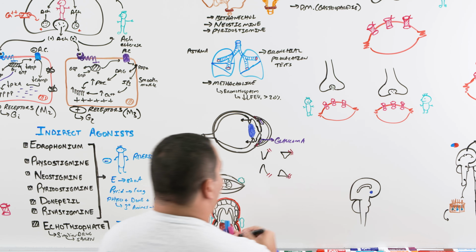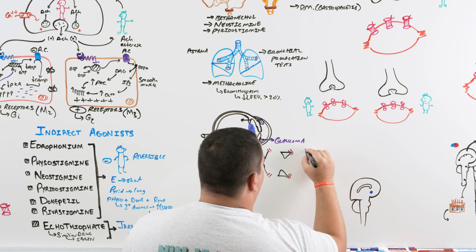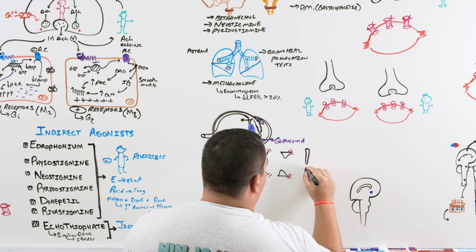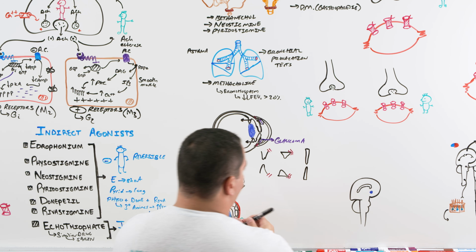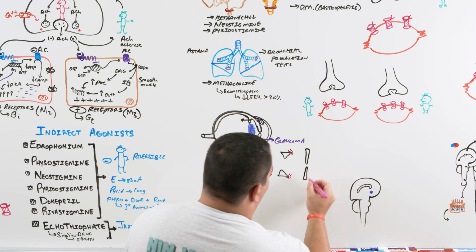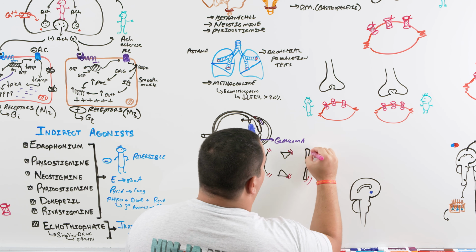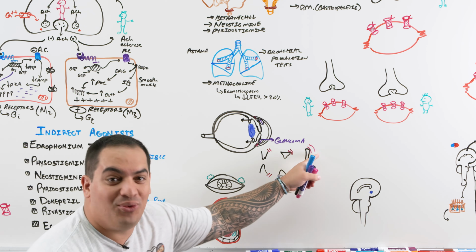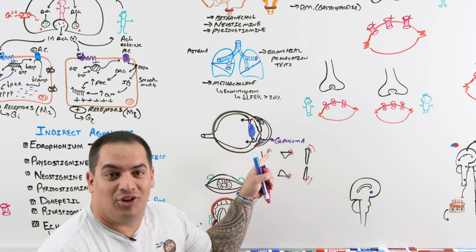Now what if I actually constrict this pupil? If I constrict this pupil, I'm going to narrow my base. If I narrow my base, look what that's going to do. It's going to improve and open up that canal of Schlemm and allow for better drainage through it, reducing the intraocular pressure.